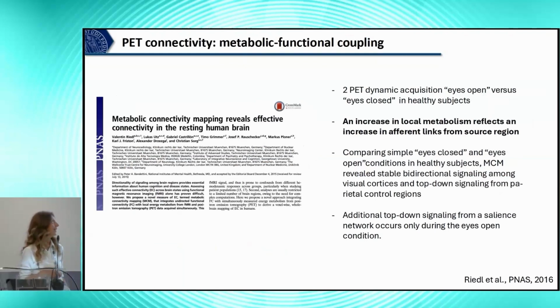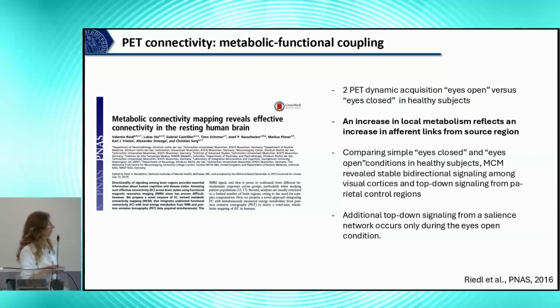And he demonstrated that an increase in local metabolism reflects an increase in afferent links from source origin. He is linking source, so directions, with metabolic consumption.